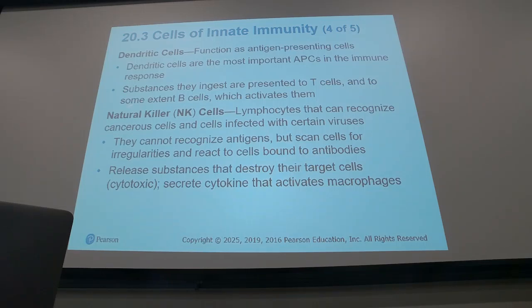They don't need to be pre-activated in order to be functional. If they see a cancer cell, if they see something strange in our cells, if the antigens in our cells change, or if they see a bacteria, a microorganism, or a virus, they directly attack. That's why they're called natural killer cells.